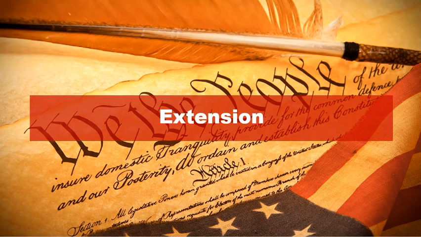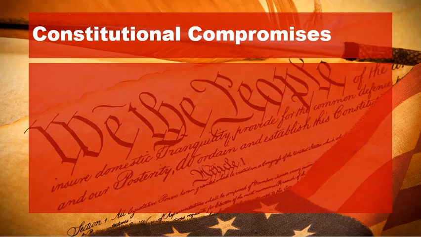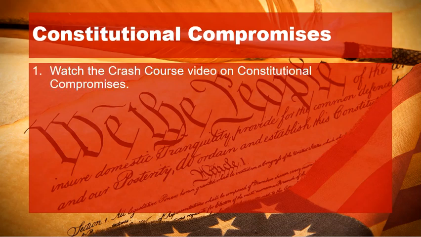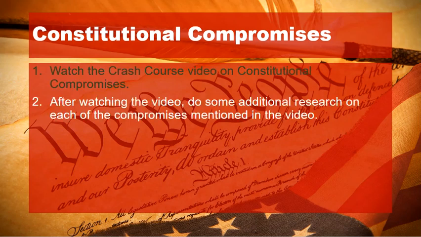Now, extension work. For those of you who are looking for a little additional work, you're going to look at constitutional compromises. How does the Constitution come to be? How do we get nine states to agree to it? Well, you're going to start off, I'm going to provide a link to the Crash Course video on constitutional compromises.